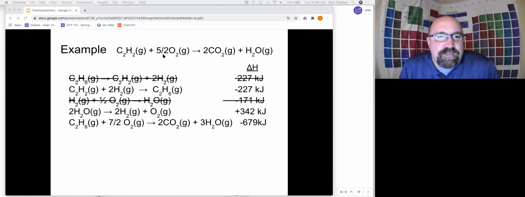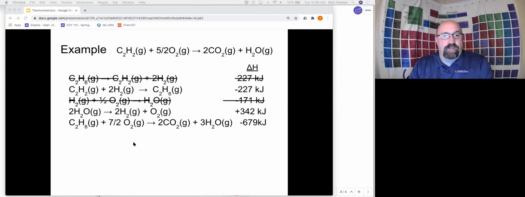If we look at some of the other aspects, another reason that we had to multiply this one through by 2 was to get our H2s to cancel out, as well as to get our H2Os to add up to what we needed, because we need to end with 1 H2O, and in our given equations, we have 3 on our product side. Doubling this one after flipping it gave us 2 on our reactant side, so those will cancel out again to just leave us with 1.